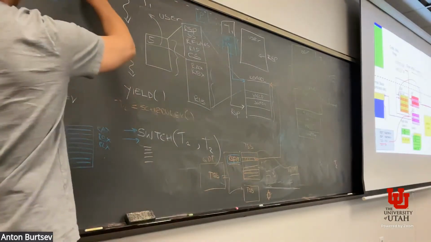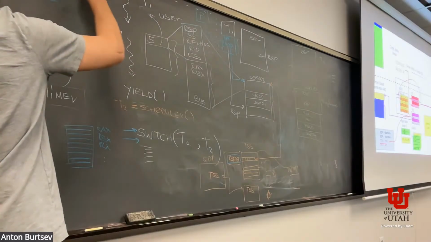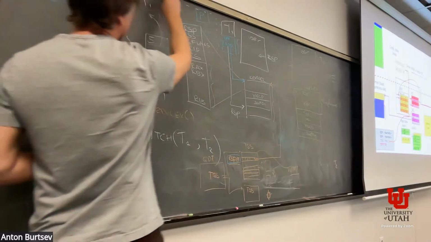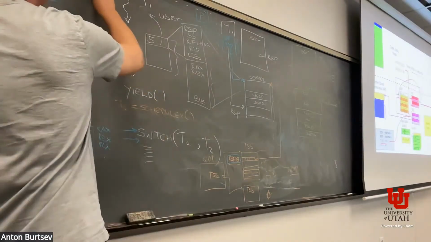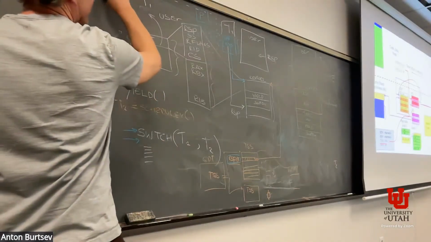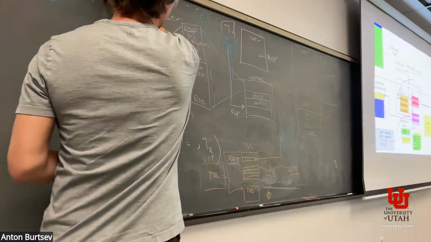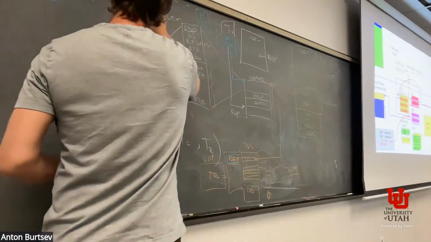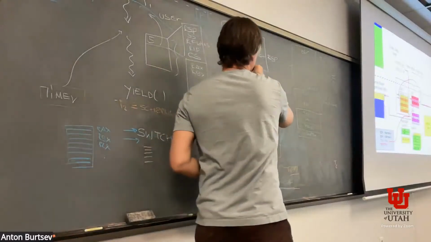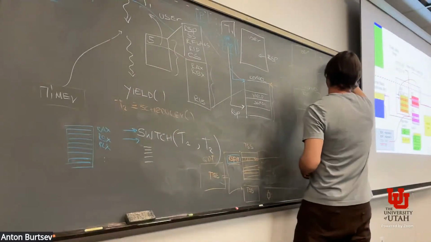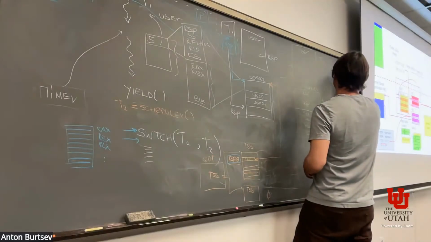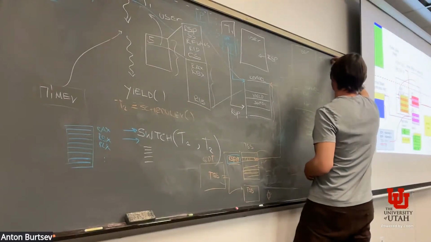When you enter switch, you have a pointer to this register file of T1, and you have a pointer to a register file of T2, right? So let me just enter the blue line. This is the register file of thread T2, right?